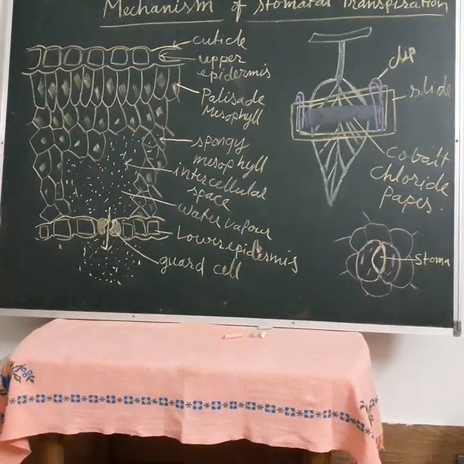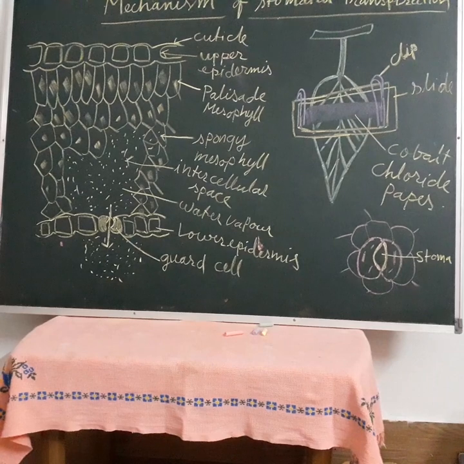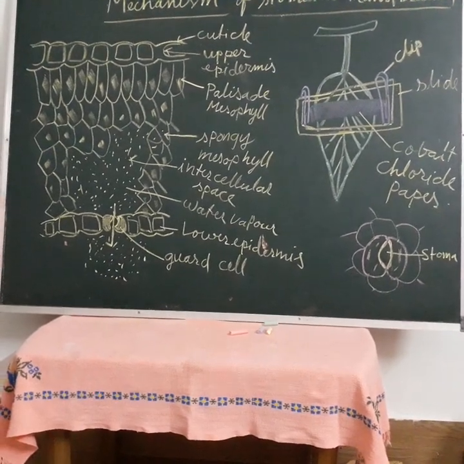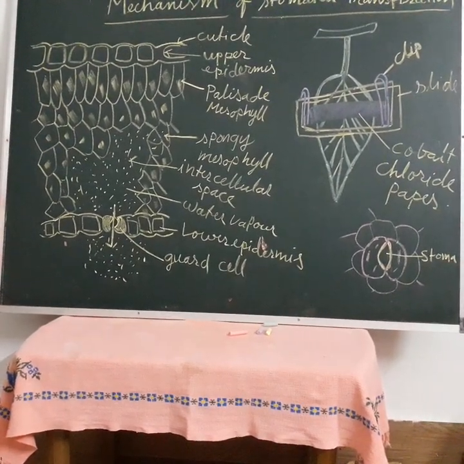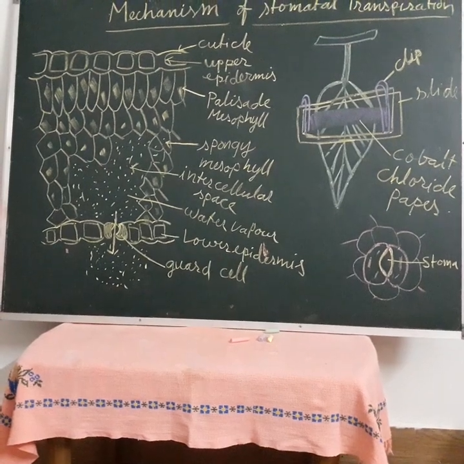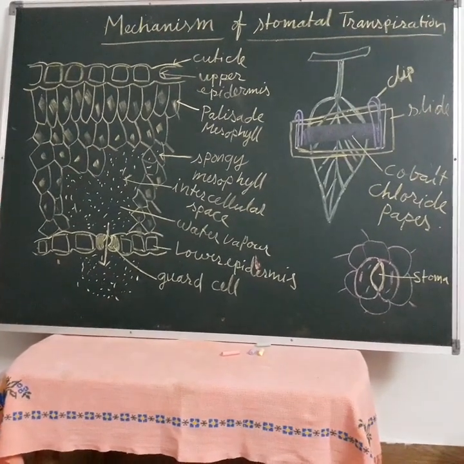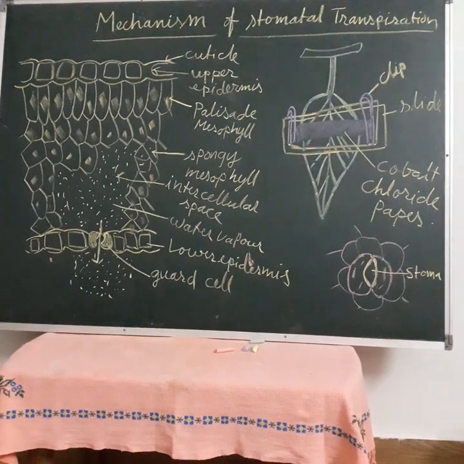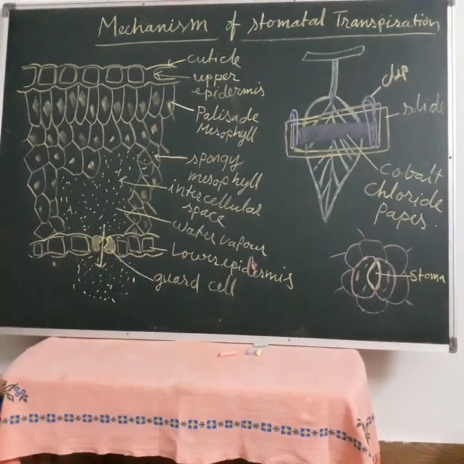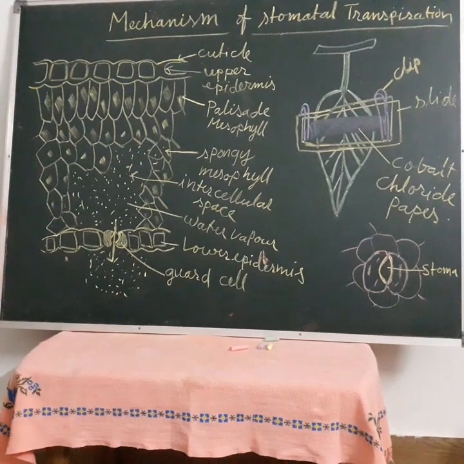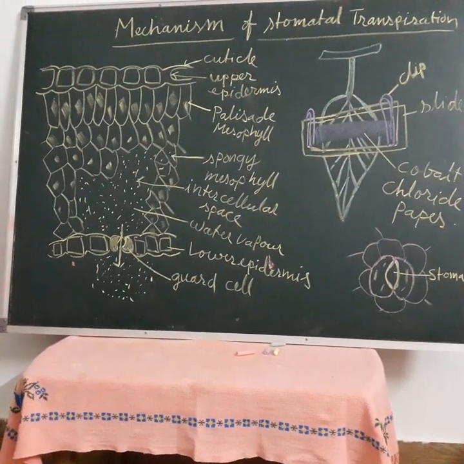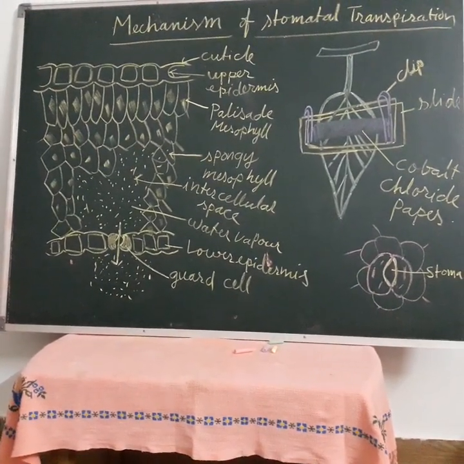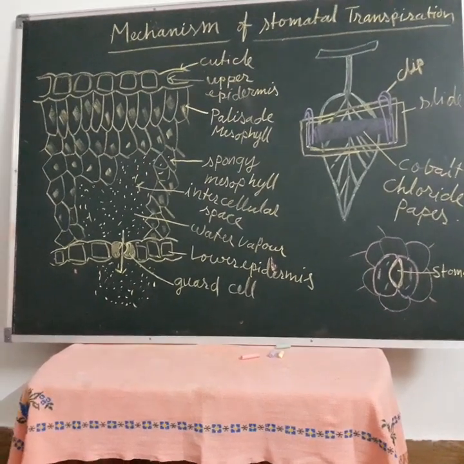And next is distribution of water and mineral salts. Since leaves are present at the tip of all branches and twigs, transpiration from their surfaces tends to draw water towards them and thus helps in the distribution of water through the plant body.